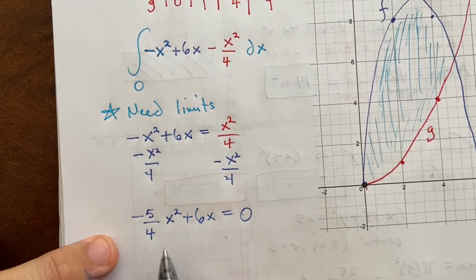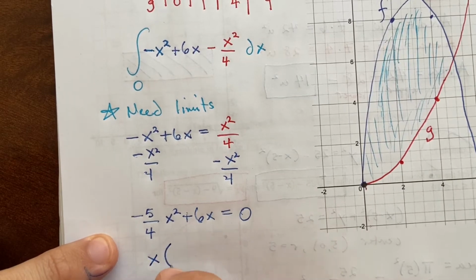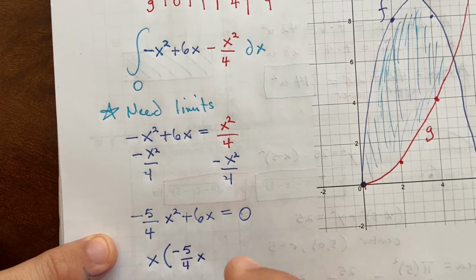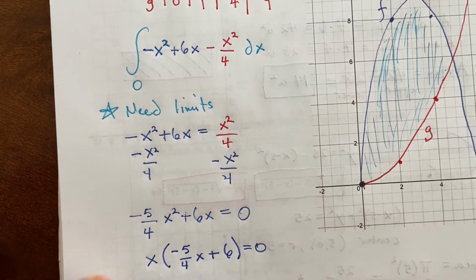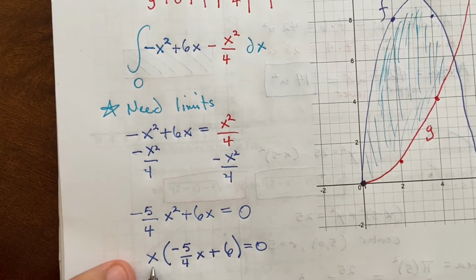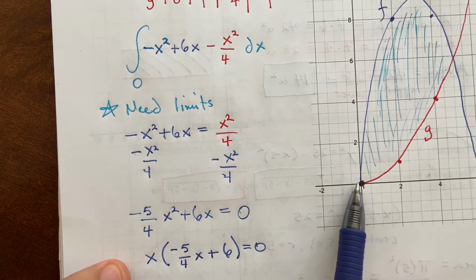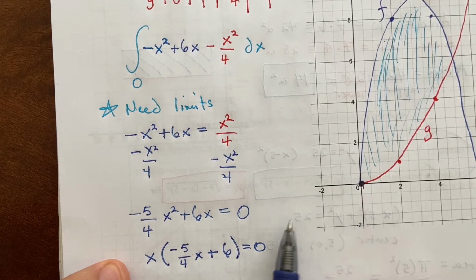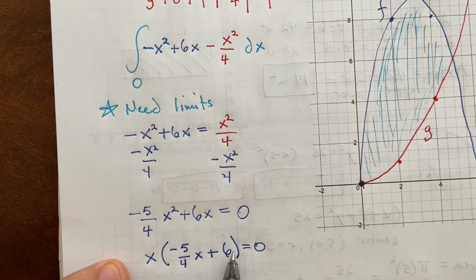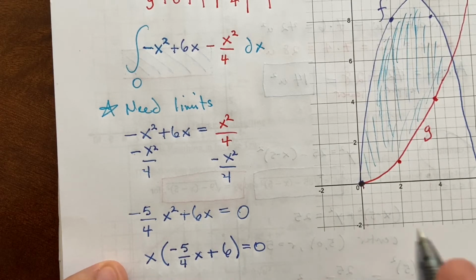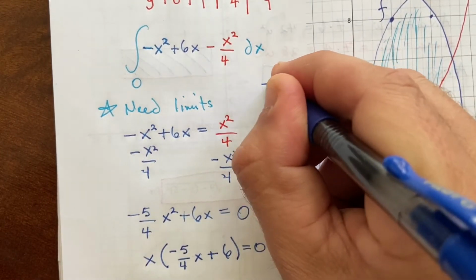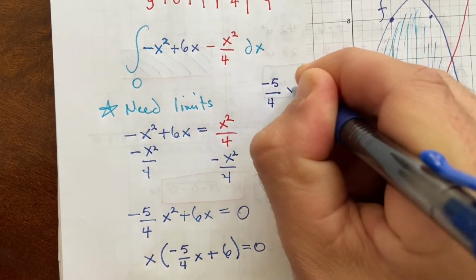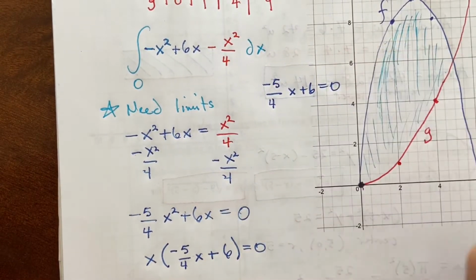Solving for x. So factor out x. That leaves a negative 5/4 x plus 6. So we're getting one of our answers from 0, but I already knew 0 is an answer. So the other answer is the one coming from here that I care about. So we need to figure out when negative 5/4 times x plus 6 equals 0.